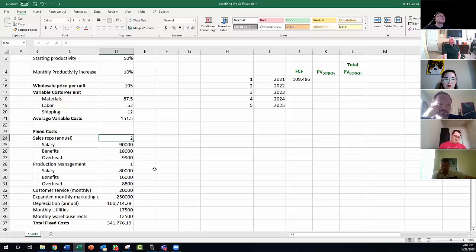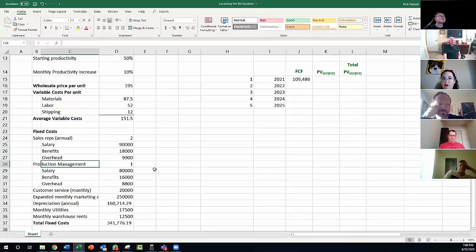In fact, I think I'm going to need two of them. They're going to have salary and bonuses of about $90,000 a year, benefits of about 20% of that, overhead, which is employer side of FICA, FUTA, SUTA, workman's comp, those kinds of costs of another 10% or so.